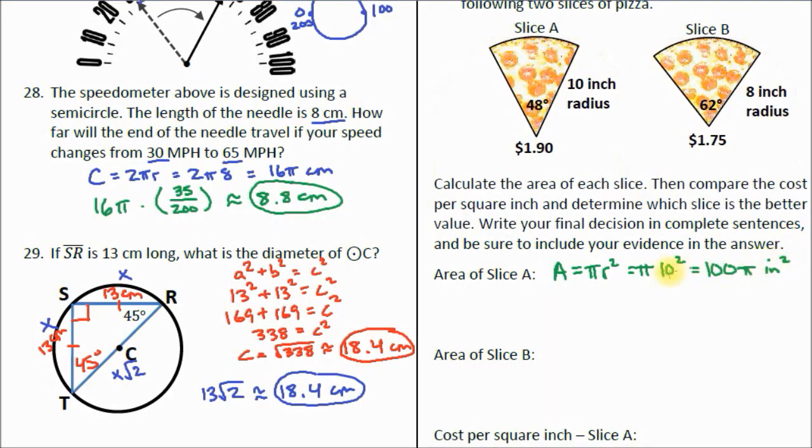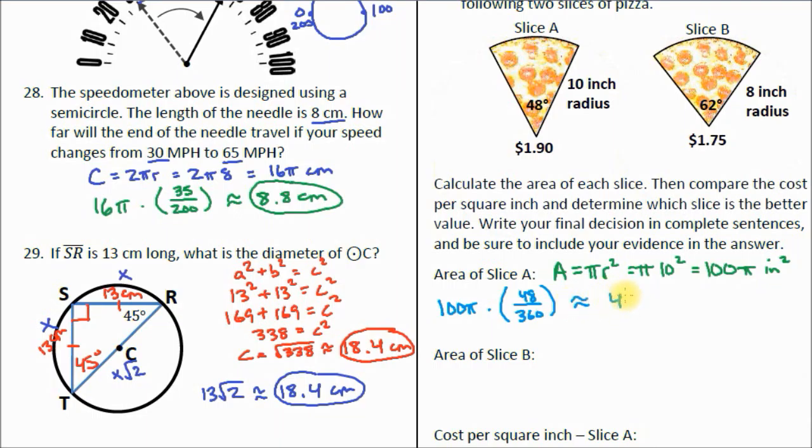There's our area of our first pizza. That's the whole pizza now. Now let's figure out the area of this particular slice. So the total area is 100 pi. What fraction of the pizza are we cutting out? We're cutting out 48 degrees out of a total of 360 degrees.